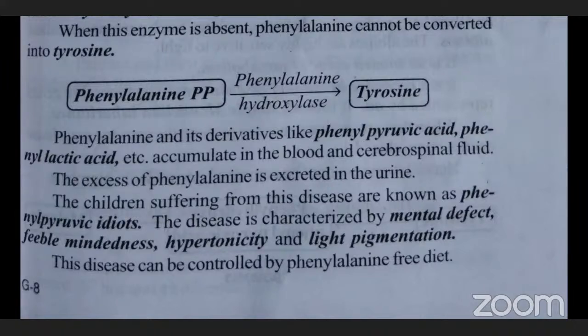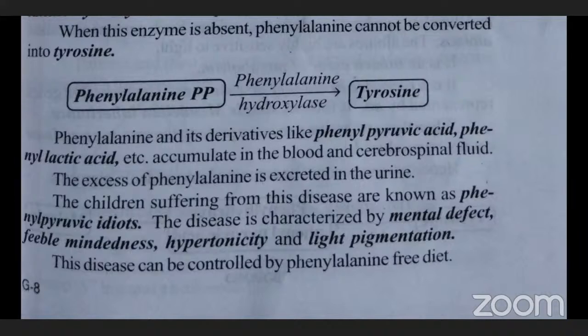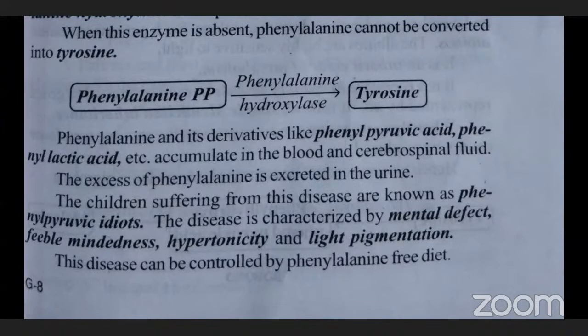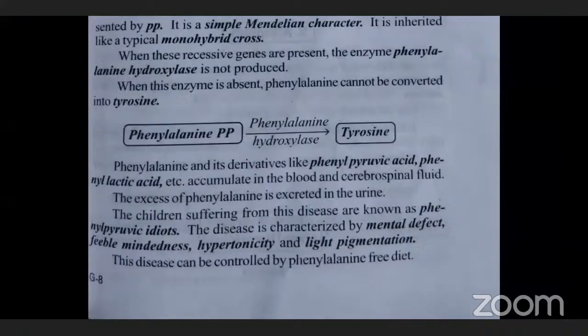When the recessive genes are present, that enzyme is not produced, so automatically there is no conversion, and the phenylalanine will be continuously accumulated. That's all about the genetic disease phenylketonuria. The next one is alkaptonuria.